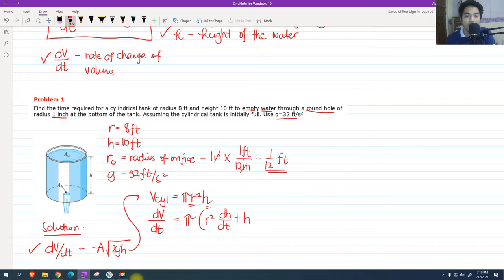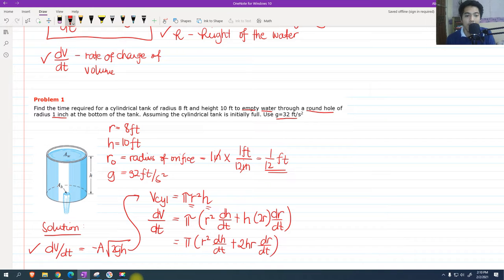That would be 2r, and then I have dr over dt because I get the derivative of r with respect to t. So I have now pi times r squared dh over dt plus 2hr dr over dt.